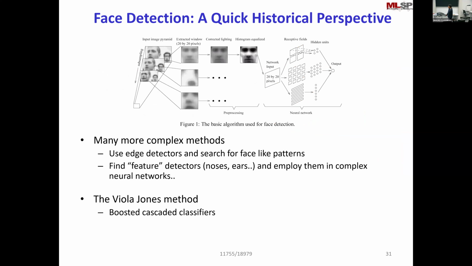And so this business of finding faces in images was a big deal for the longest time. There are many very complex methods. In the early 2000s, late 1990s, CMU was the place you came to if you wanted to build a face detector. Henry Schneiderman had the most accurate systems in the world.